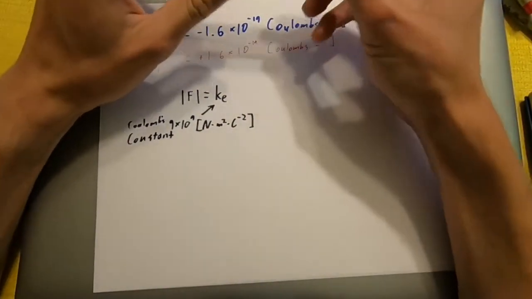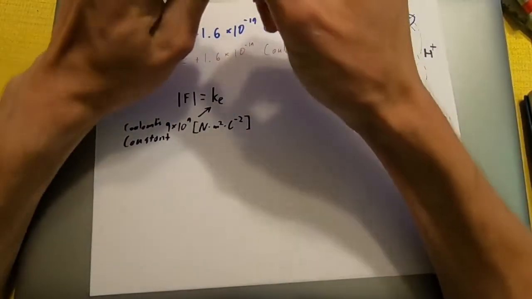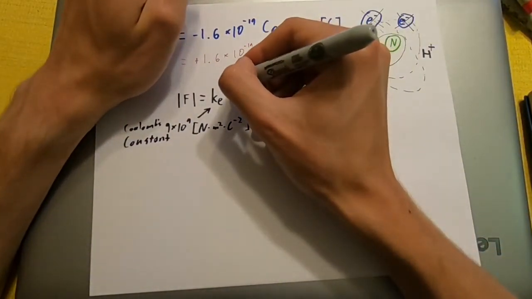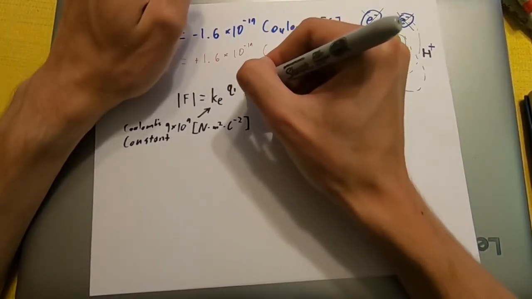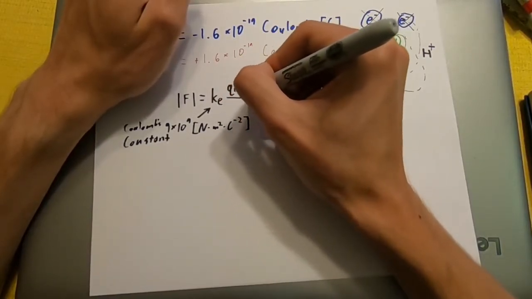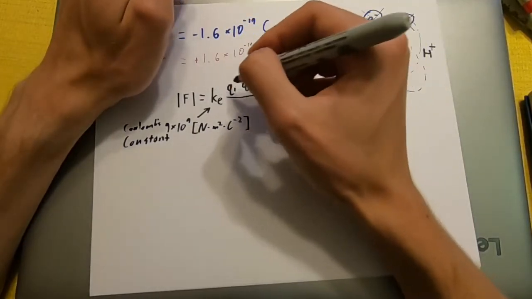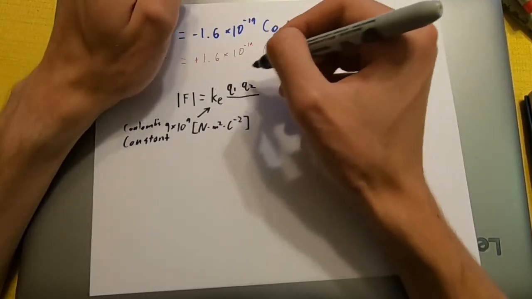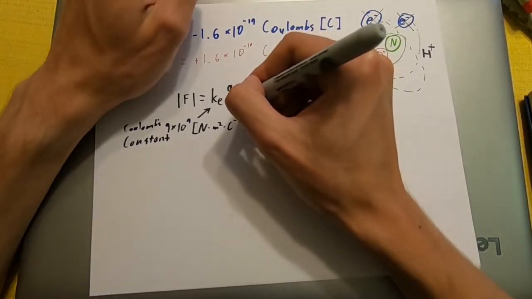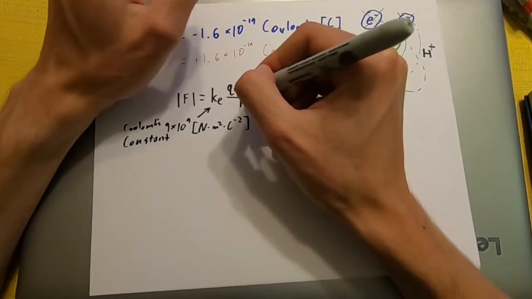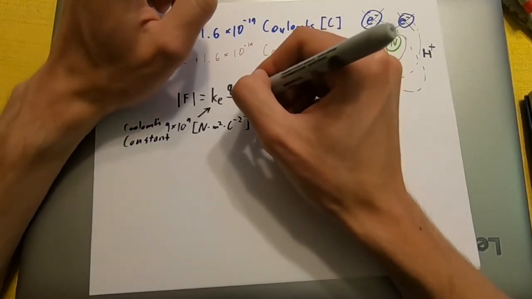Okay, so it's equal to his constant times the product of the two charges, Q1 and Q2. Doesn't matter what kind of charge they are, positive or negative, divided by the distance between the charge centers squared.